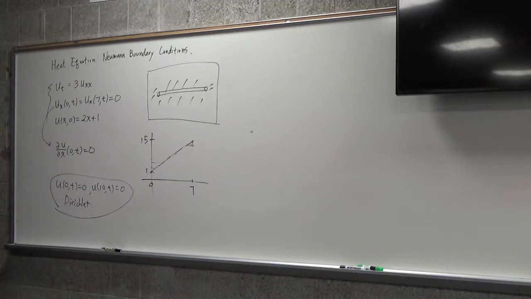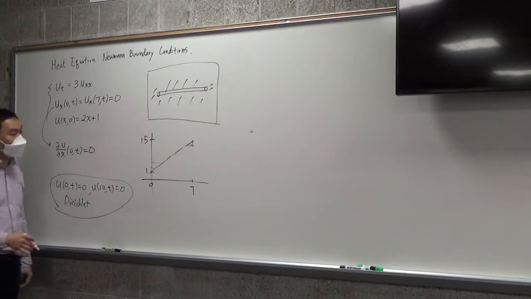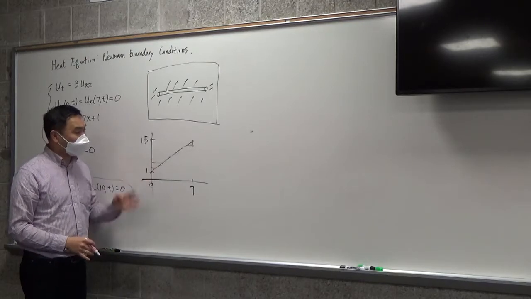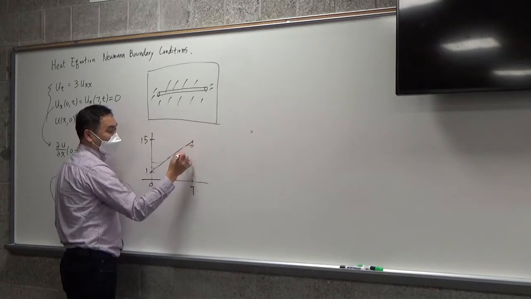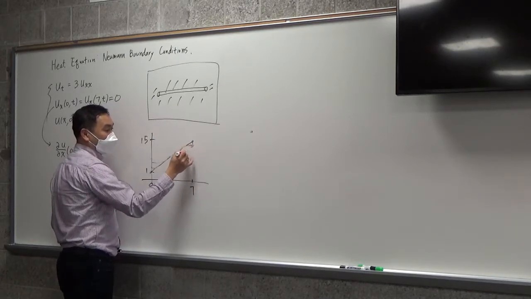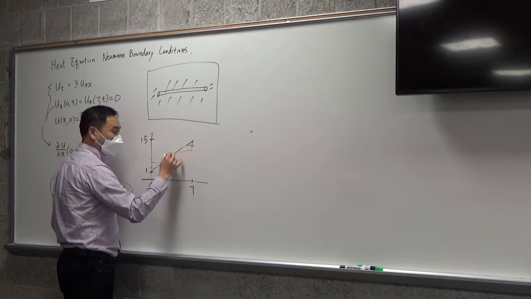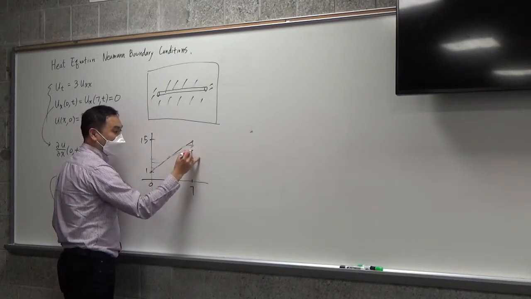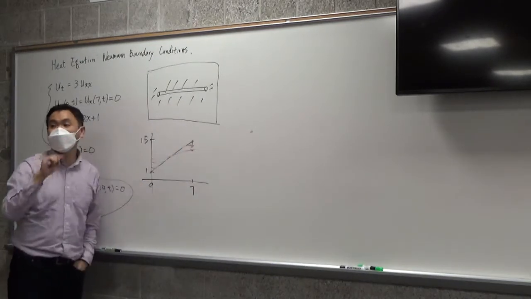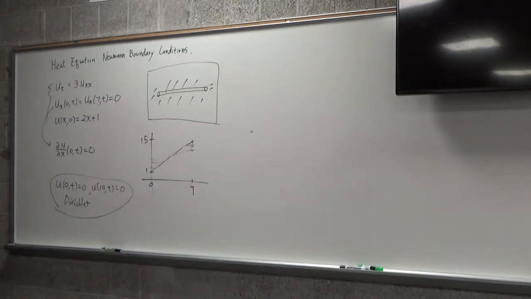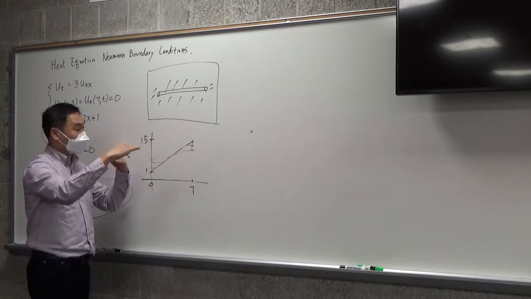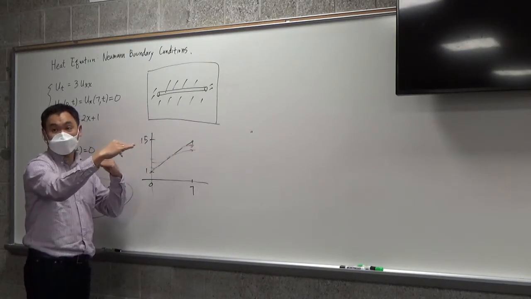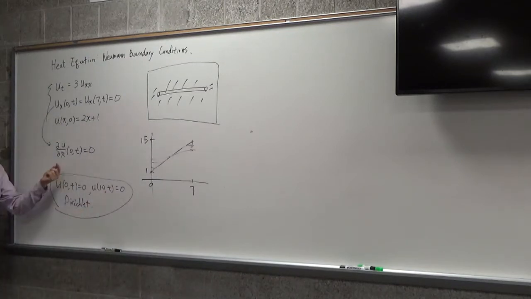Now, once you see how it should evolve, you can see for yourselves that as this comes down and this thing goes up, you're going to have a temperature distribution like this, where at the endpoints you have a horizontal slope, right? Can you imagine that? Your temperature at the endpoints will be horizontal. And that's exactly what this means, because if the derivative is equal to 0, what does that mean?